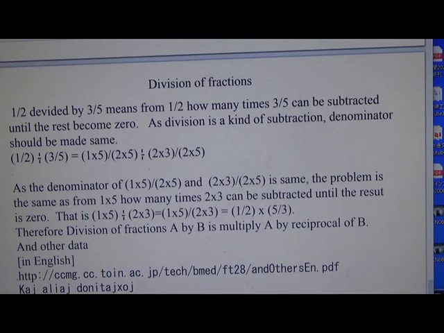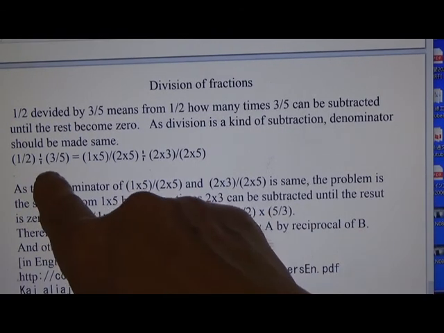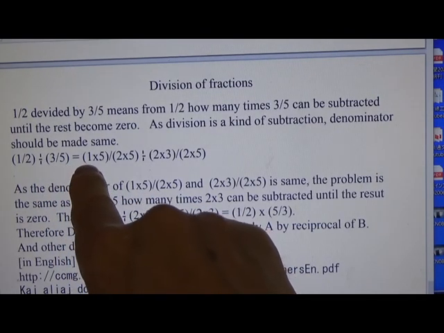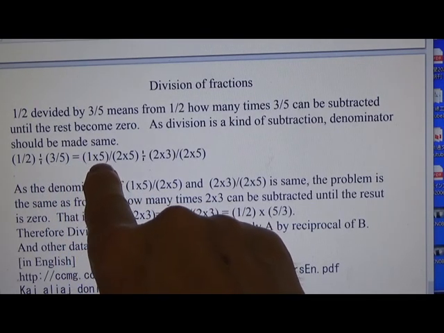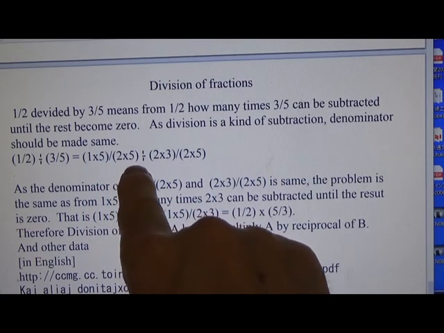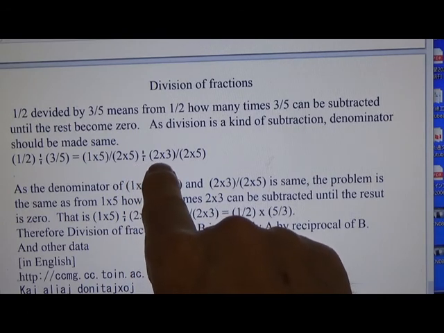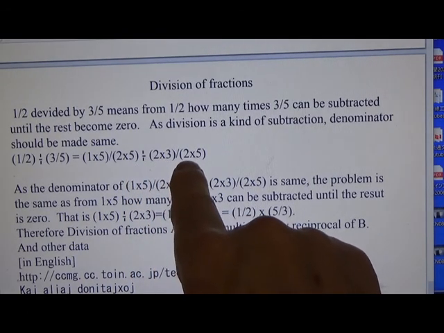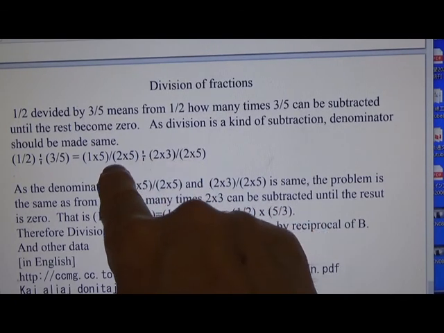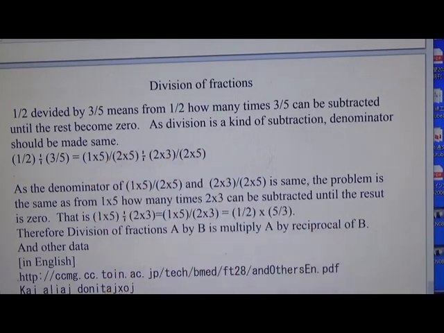As division is a kind of subtraction, the denominators should be made the same. 1/2 divided by 3/5 is 1 multiplied by 5 divided by 2 multiplied by 5, divided by 3 multiplied by 2 divided by 5 multiplied by 2. The denominator is the same.